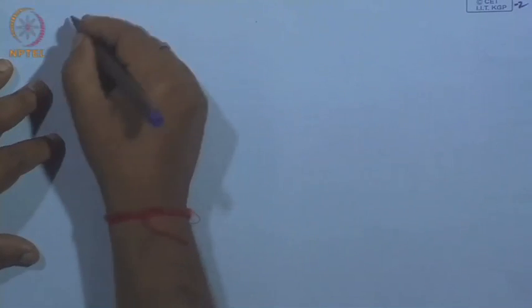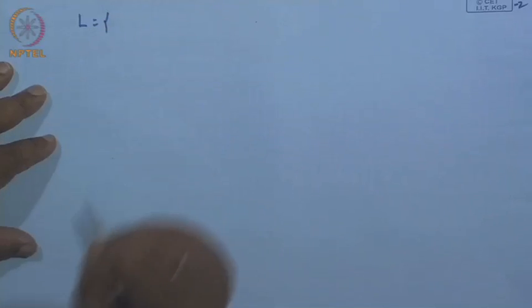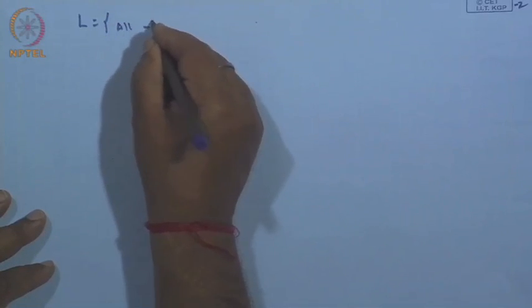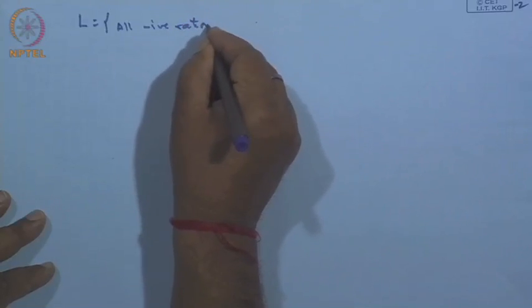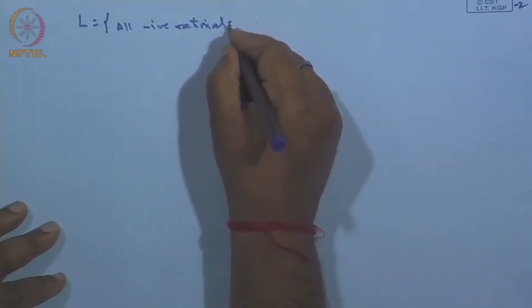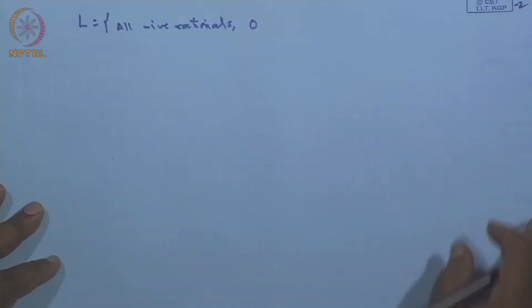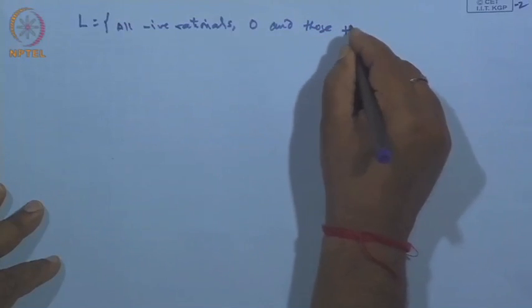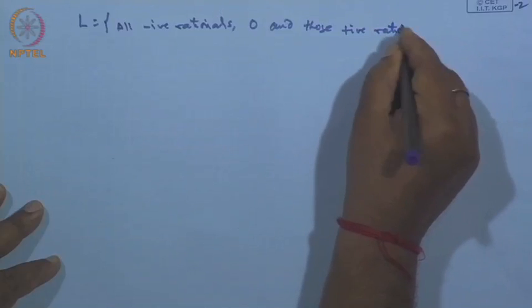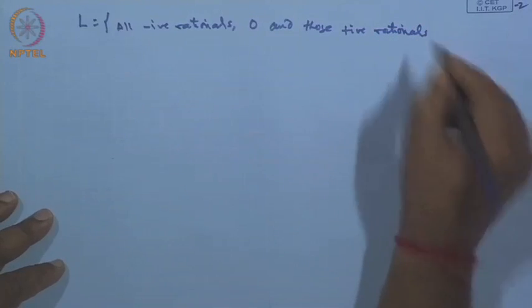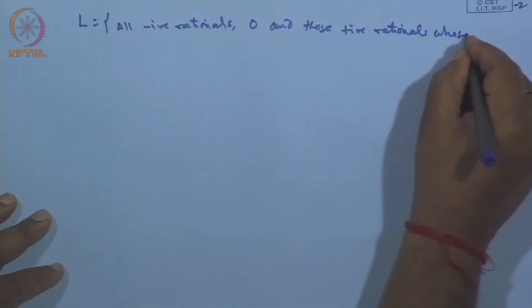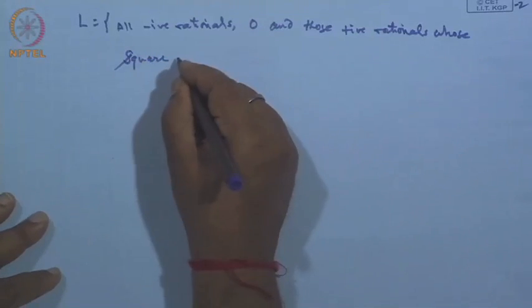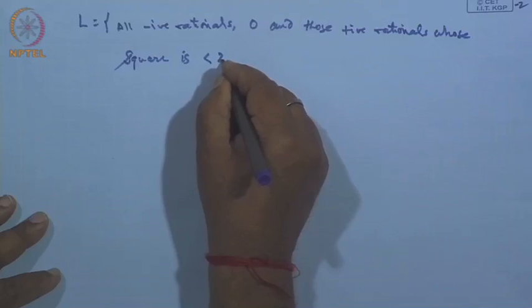Similarly, if I take L as the set of all negative rationals, 0, and those positive rationals whose square is strictly less than 2.